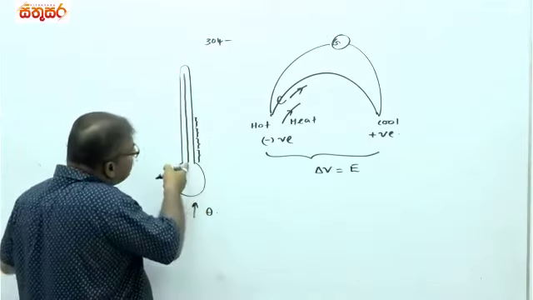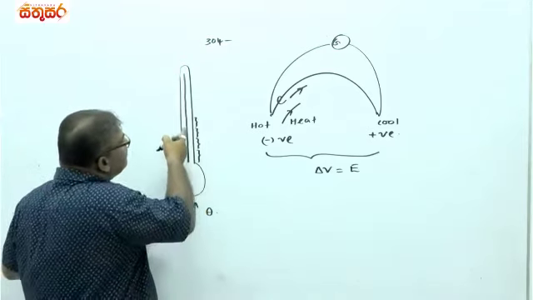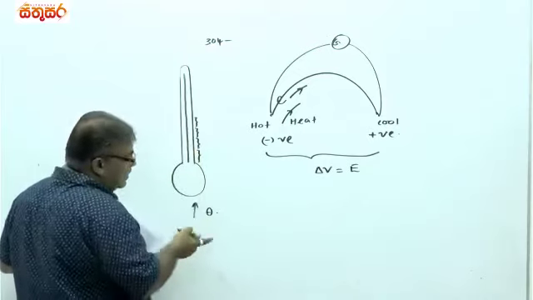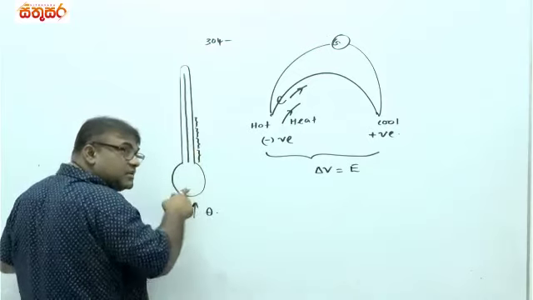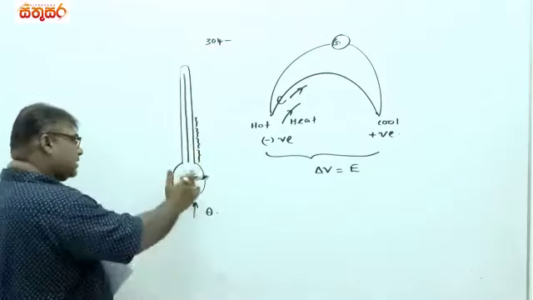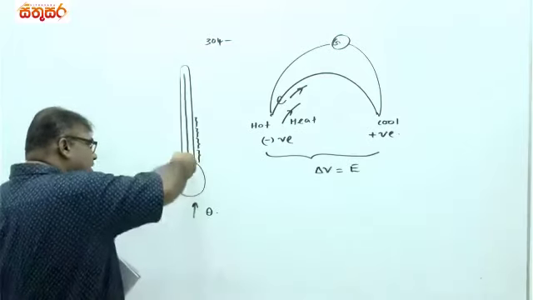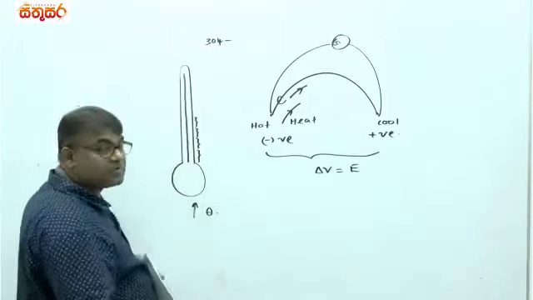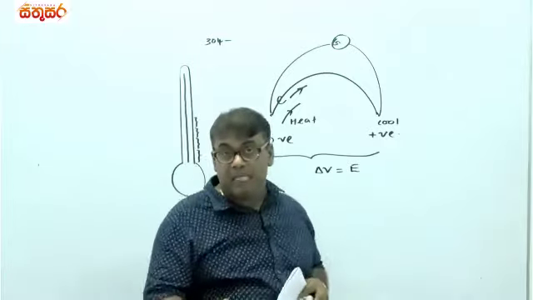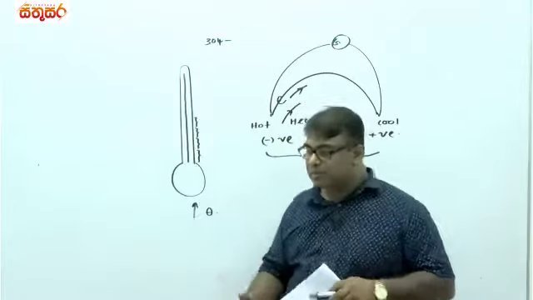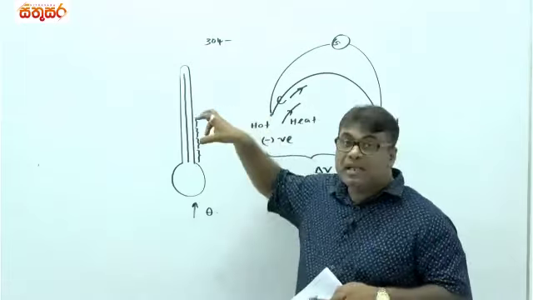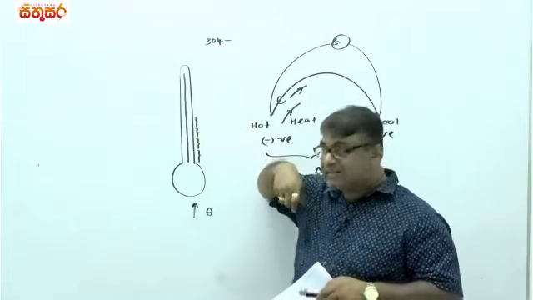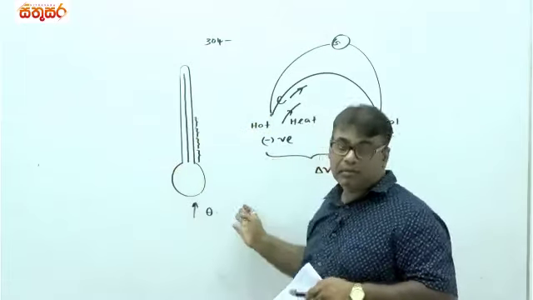Then this variation of temperature should be indicated continuously if the heat is continuously supplied. Otherwise, the thermometer reading won't be exactly identified as the temperature of the surrounding, right?